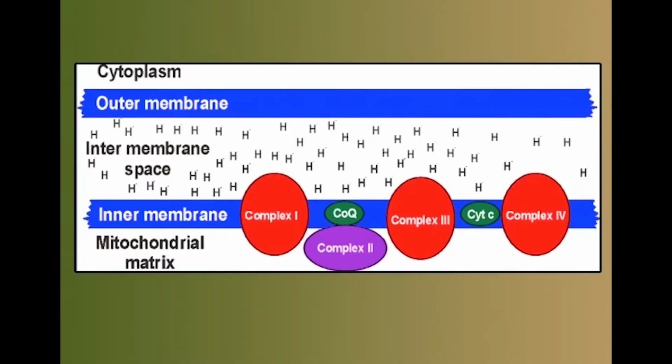The second complex, or complex 2, contains succinate coenzyme Q reductase or succinate dehydrogenase. It can be either of these two. Succinate dehydrogenase is an enzyme of the citric acid cycle. So, it can directly connect with the electron transport chain at that stage.